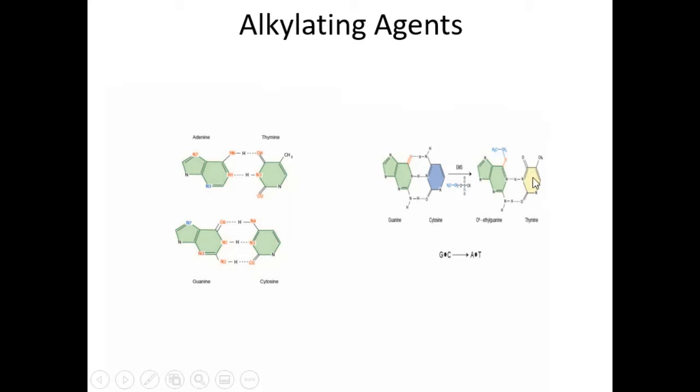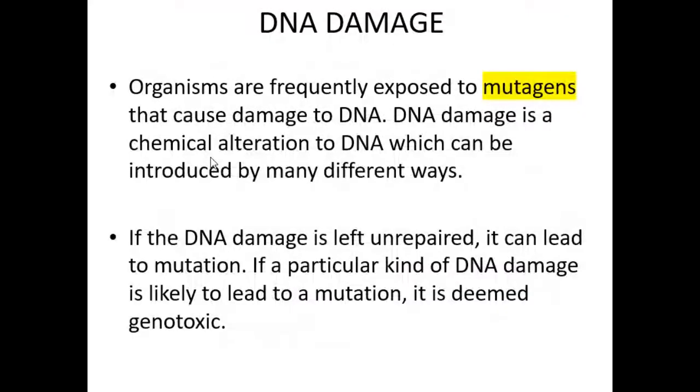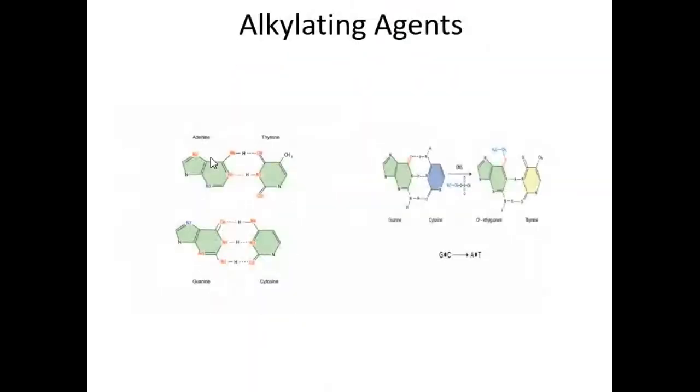Once you introduce one base substitution, there are three possible results. If it's silent, then it doesn't change the protein. If it's nonsense, then it changes to a stop codon. If it's missense, it changes an amino acid in the protein.